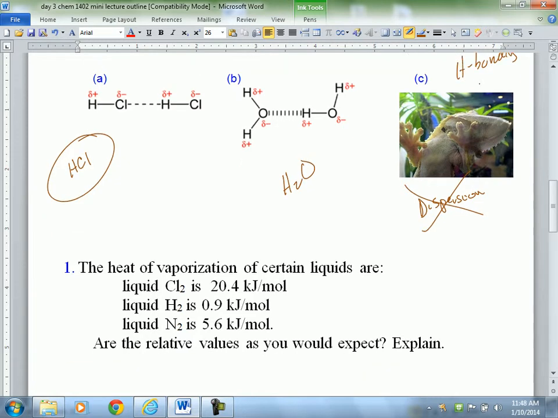Okay. Heats of vaporization of certain liquids are 20.4, 0.9, 5.6. Are they in the order you would expect, where this one's the lowest and this one's the highest? Is it what you would expect, Sabina, knowing what you know about intermolecular forces?